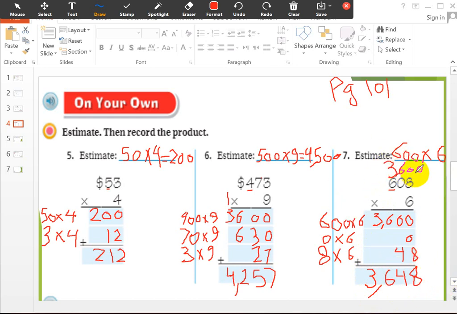Okay? Now, girls, you understand those exercises. If you have a question about those exercises 5, 6, and 7, please type it in the chat box. Okay, what's your question, Arya? Type your questions in the chat box, please, if you have a question about those 3 exercises. Okay?